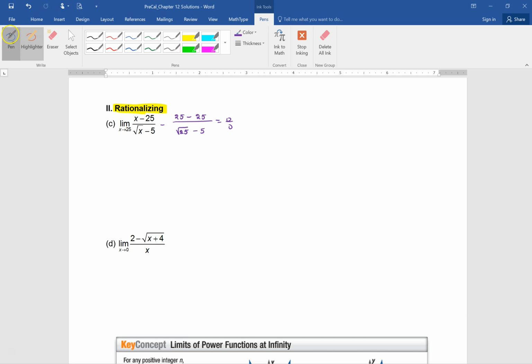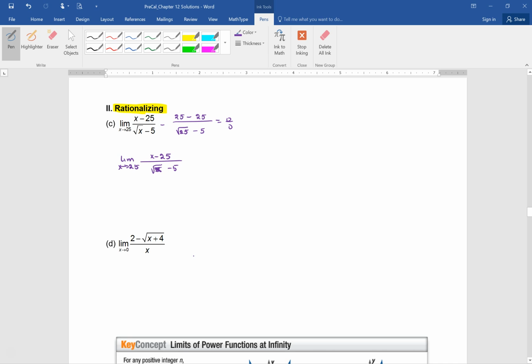Let's copy this over. The limit as x approaches 25 of x minus 25 over the square root of x minus 5. Now, I need to rationalize the term with the root, right?